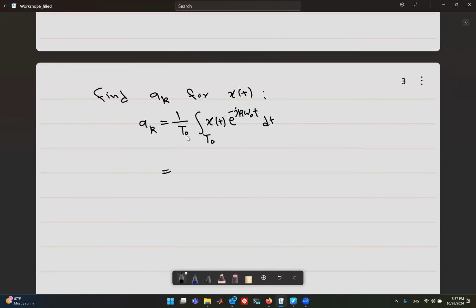So it is 1/2 times the integration from 0 to 2 of 1 times exponential minus jk omega naught t dt. Omega naught is 2 pi over T naught, which is pi. So we can write it here as pi.